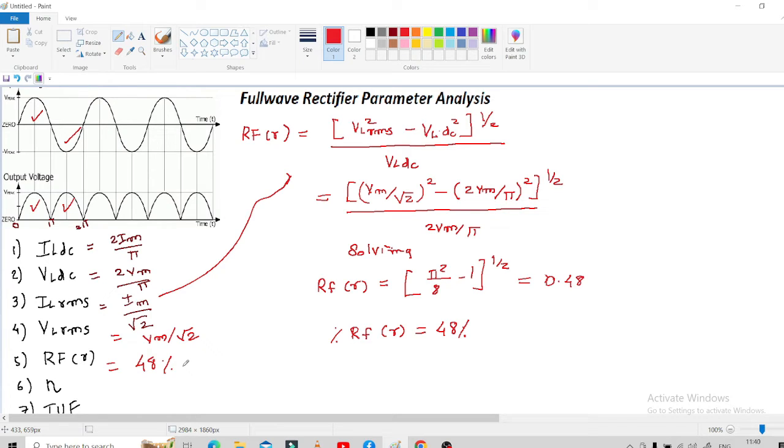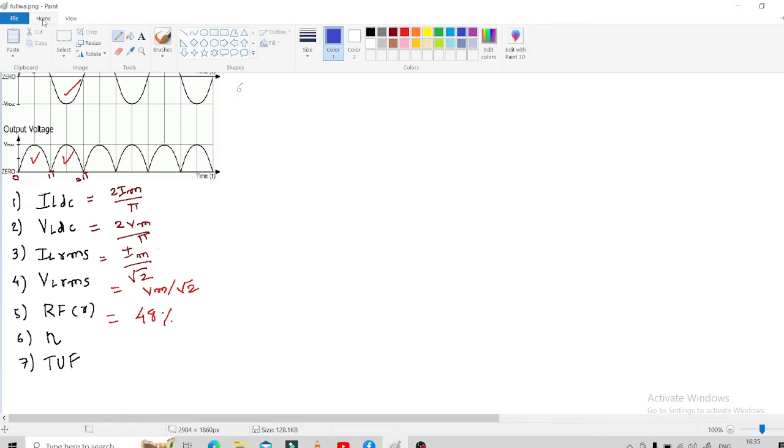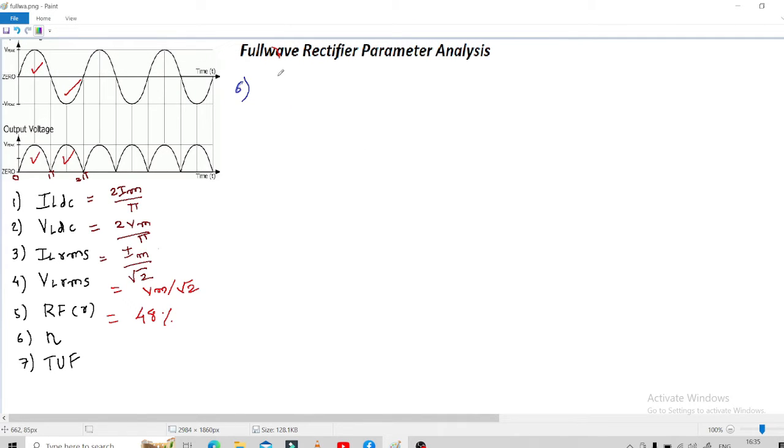So the next parameter, my friends, we have got, that is the rectification efficiency. So my dear friend, the next parameter is rectification efficiency. Okay, that is number 6. The rectification efficiency is also denoted by eta, which equals output DC power upon input AC power.